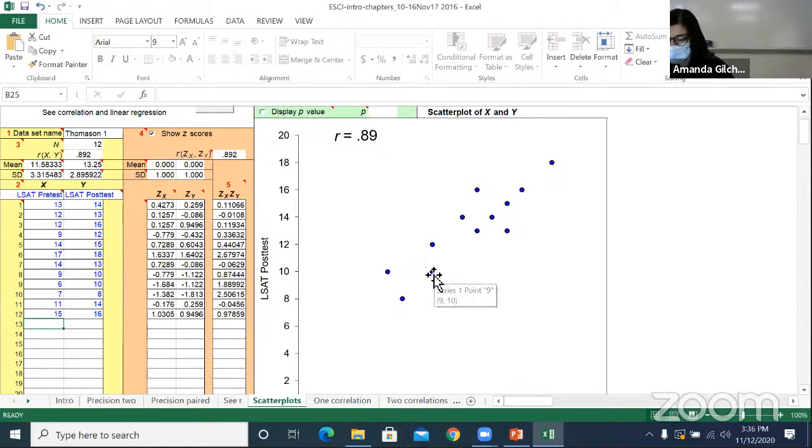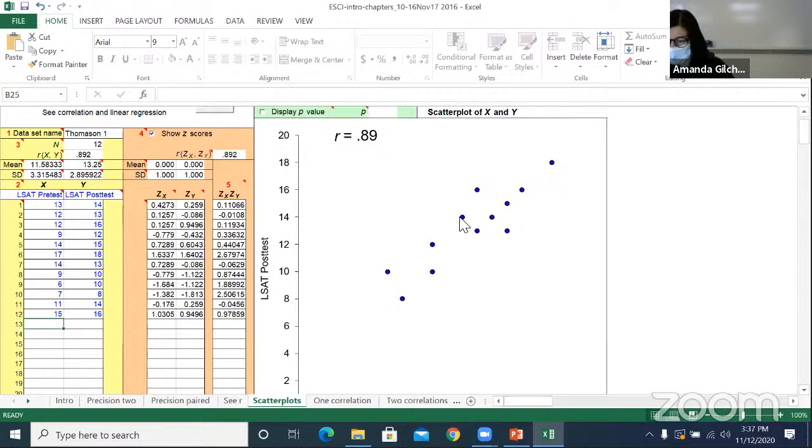Let's see, where's point 1? Oh no, those are just all the data points. Wait, here's one, I think. Maybe you?